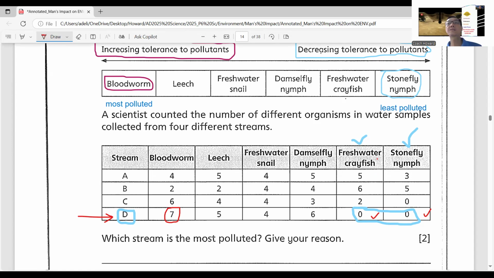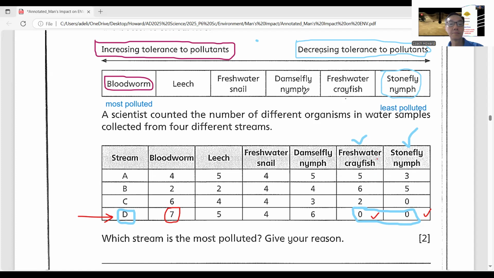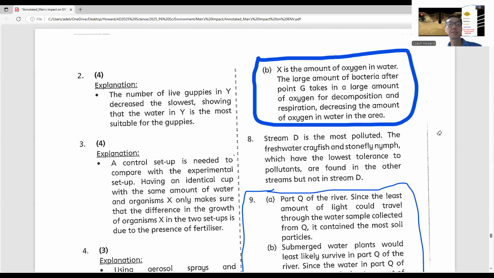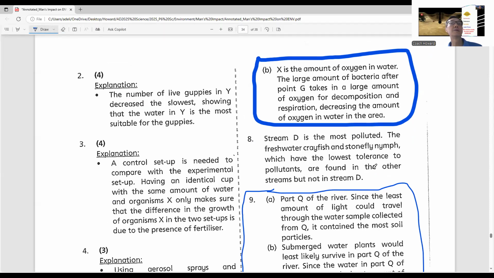So the answer is quite straightforward, which I show by screen share over here. As you can see, the suggested answer is stream D. It's the most polluted. So we give the reason: the freshwater crayfish and the stonefly nymph have the lowest number, and they are not found there.